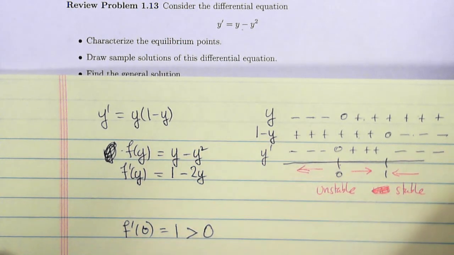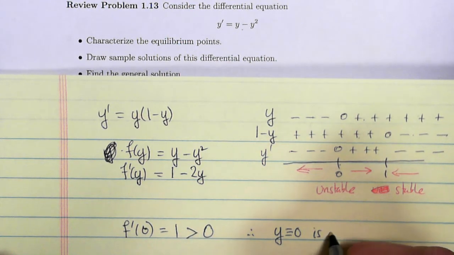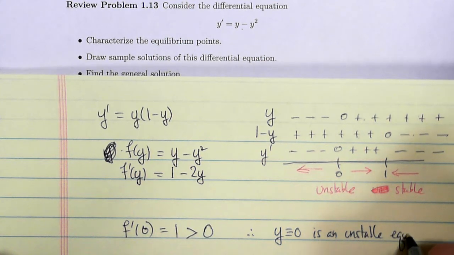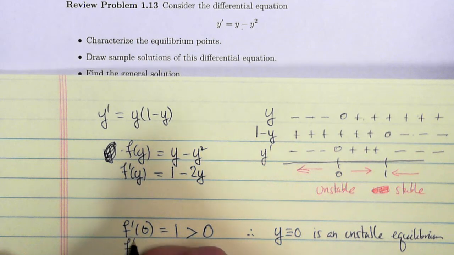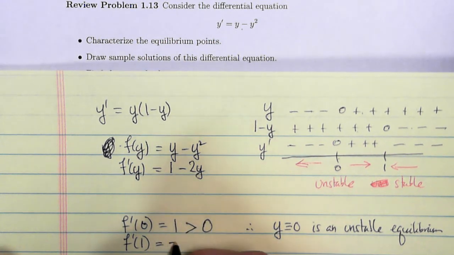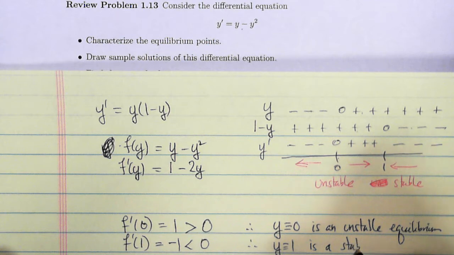The important thing is that it's greater than 0. So that means that y equals 0 is an unstable equilibrium. And if I plug in the other equilibrium point 1, we get 1 minus 2, which is negative 1. That is negative. And so the other one is a stable equilibrium.